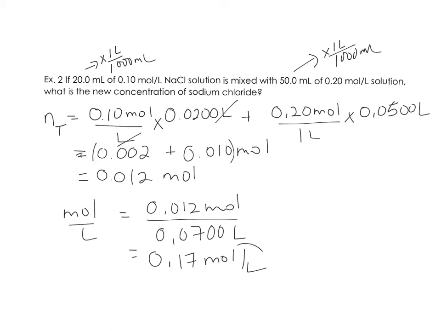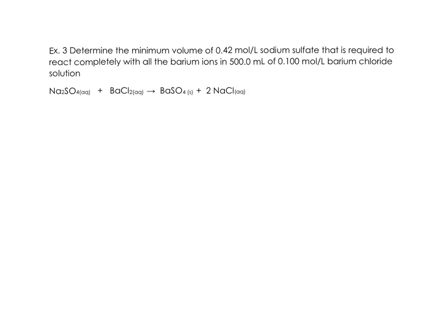So that is our new concentration. And that makes sense that we start with a small quantity of 0.1 and we add a little bit more of 0.2, so it should be somewhere between the two, but closer towards 0.2. So 0.17 mole per liter.